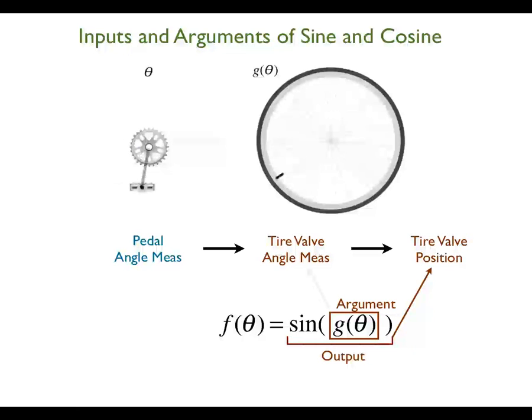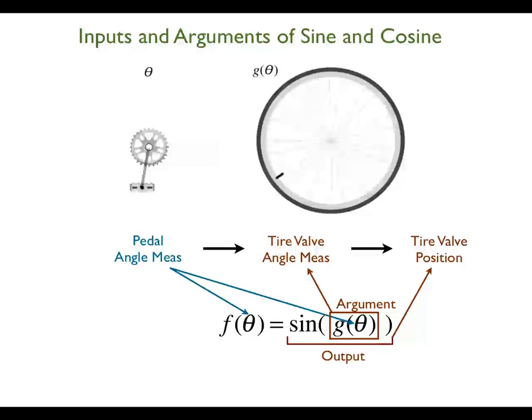The tire valve angle measure, right? Whatever that argument is about, the resulting sine value will be about that same thing. So if the tire valve angle goes into sine, then sine gives the vertical position of the tire valve. But this is all based on a different angle, right?